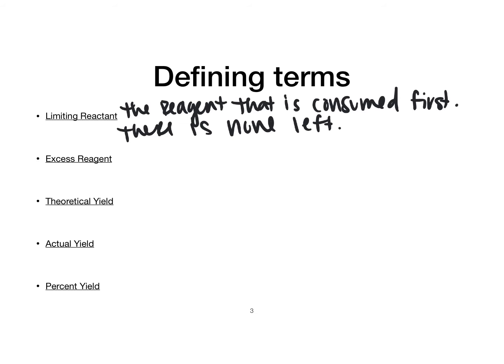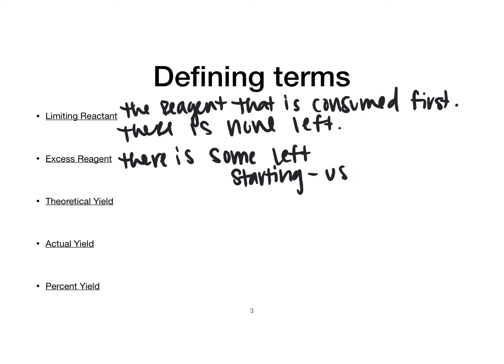So a limiting reactant is fully consumed. There is none left. So an excess reagent, there is extra left. So this is determined or calculated by the starting minus used, and that equals the excess.